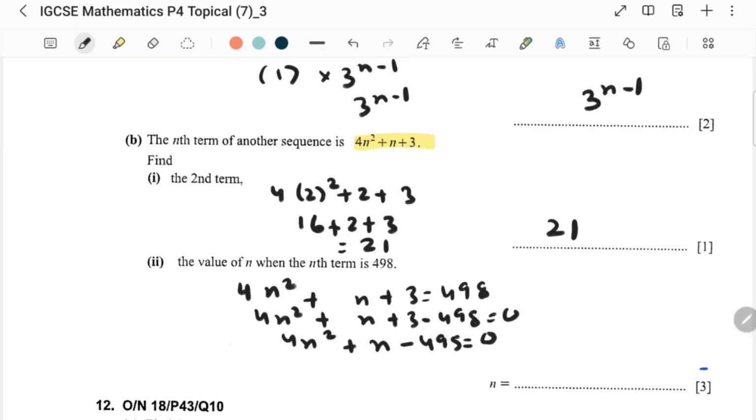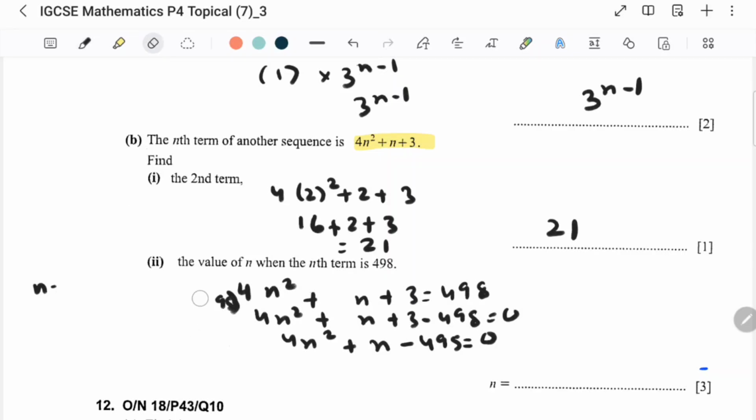Alright, so let's see what happens. Here I'm taking a is 4, b is 1 and c is minus 495. x equals minus b plus or minus square root of b square minus 4ac upon 2a. I hope you remember this.